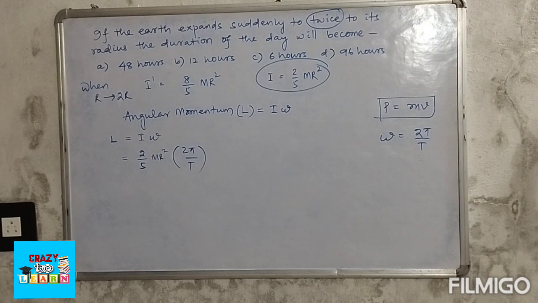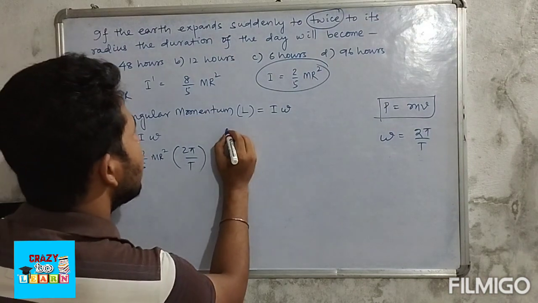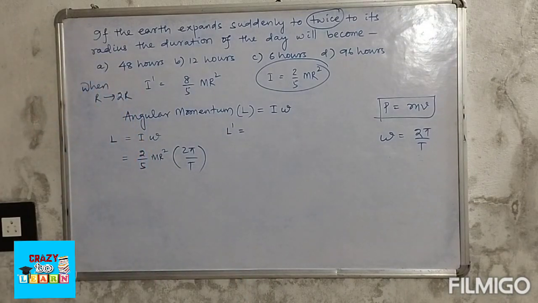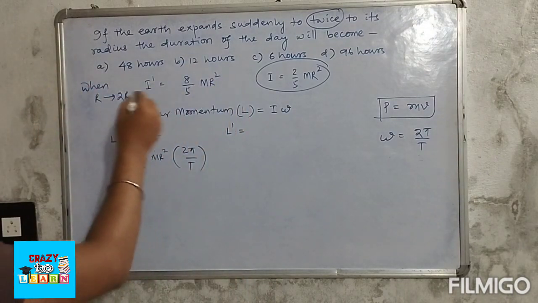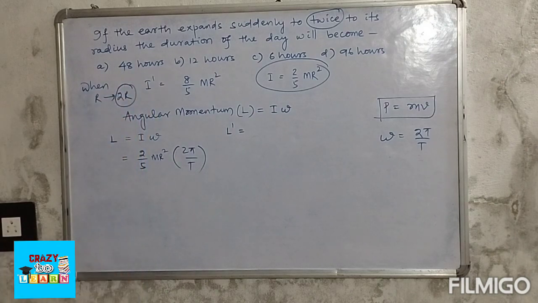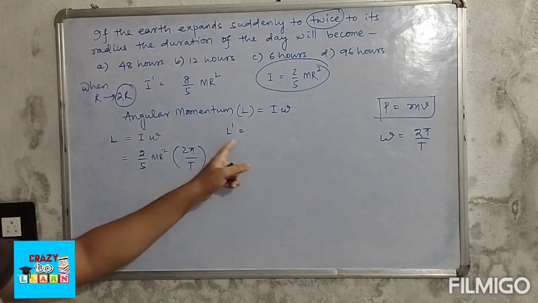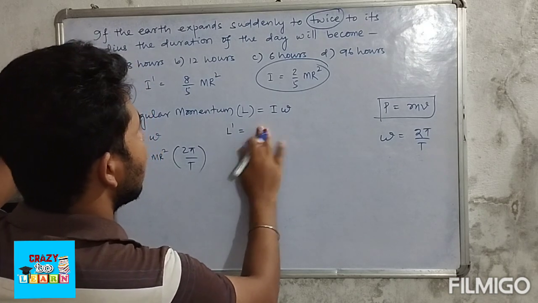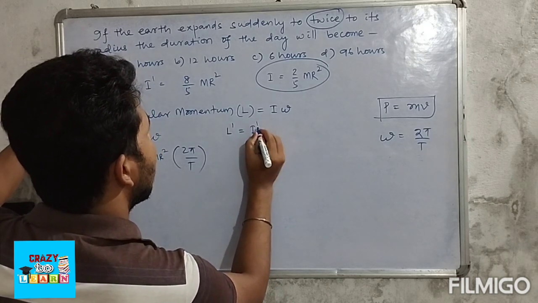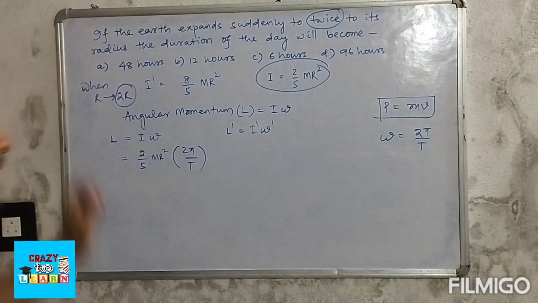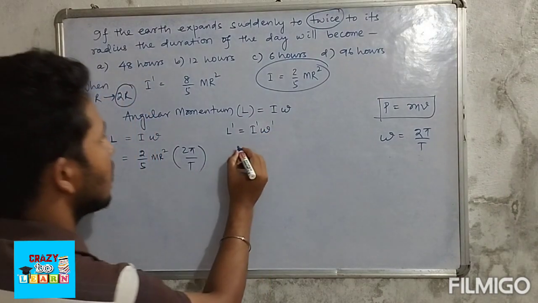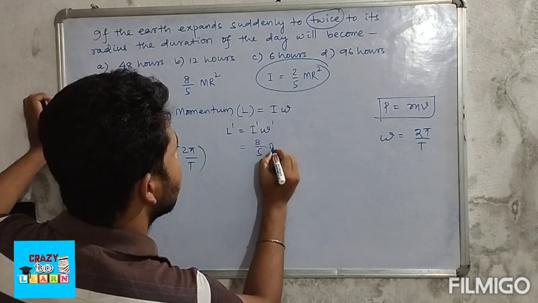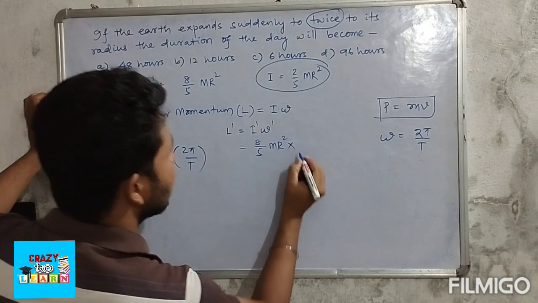Clear? Now what is the angular momentum for the second case, L dash? For the second case the radius is increased twice, that means r is 2r. So the new angular momentum L dash is I dash omega dash. So what is I dash? I dash is 8 by 5 mr square.